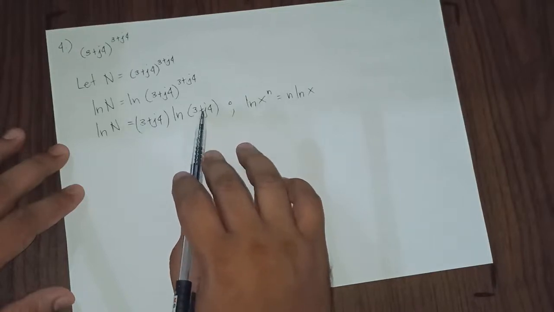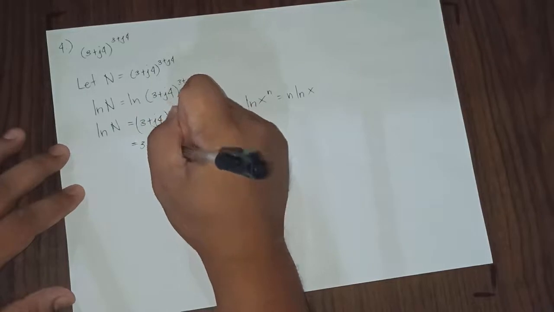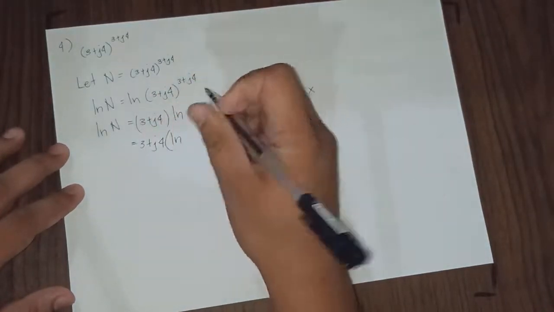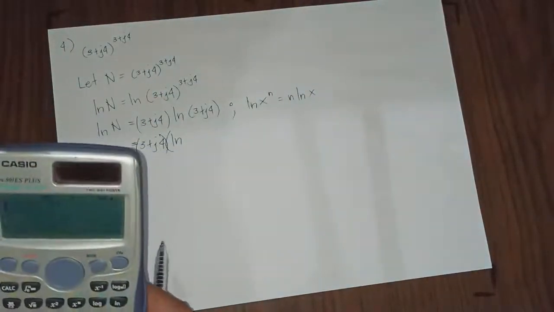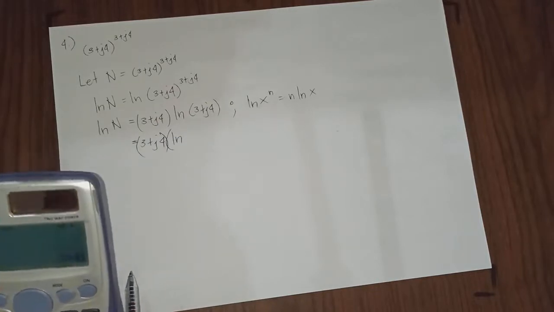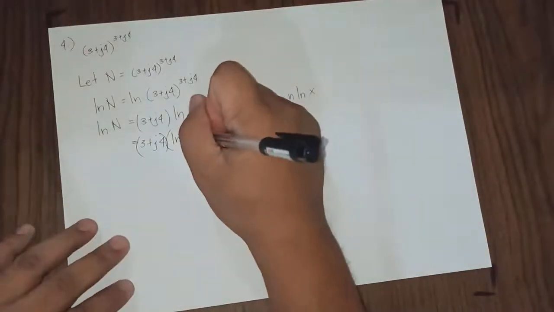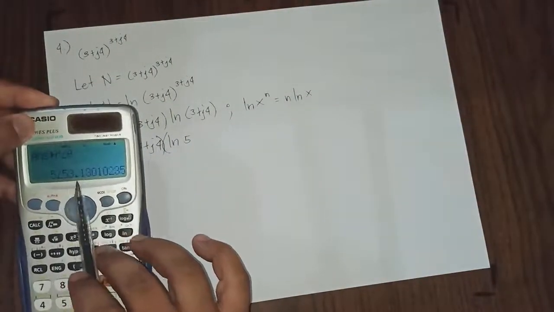Next, we take ln of 3 plus j4, so we get its polar value. What is the polar value of 3 plus j4? The answer is 5, angle of 53.13.